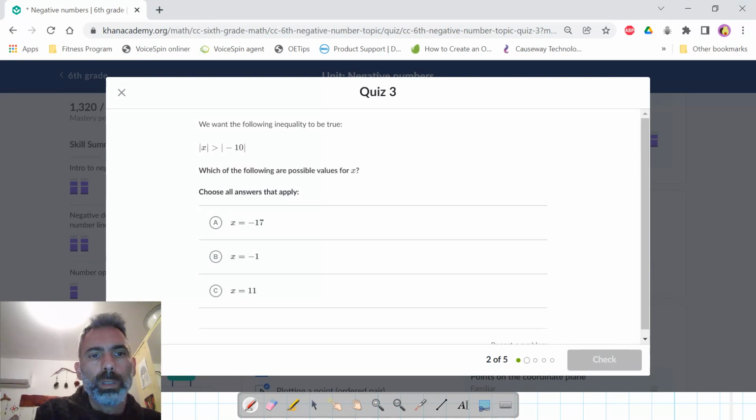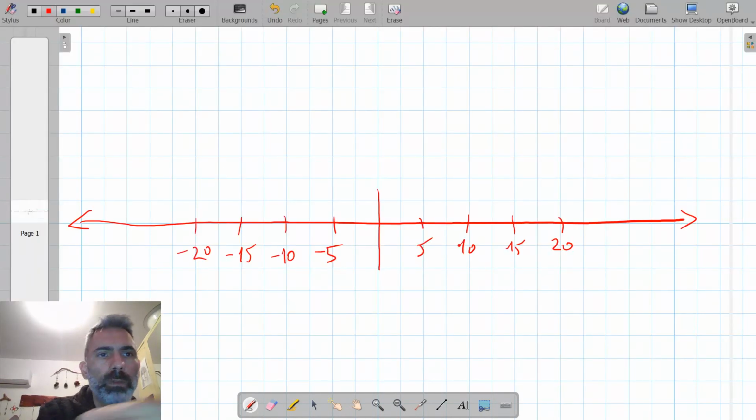And we want the absolute value of x to be greater than the absolute value of negative 10. So the absolute value of negative 10 is here, because it's the distance of the number from 0. And this is the 0.